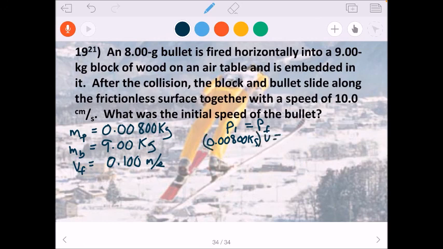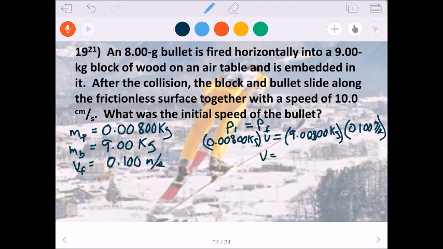And that is going to be equal to my final momentum of addition of the two objects' masses, which is going to be 9.00800, where my last sig fig is actually the second zero after the 9, times its final velocity of 0.100 meters per second.